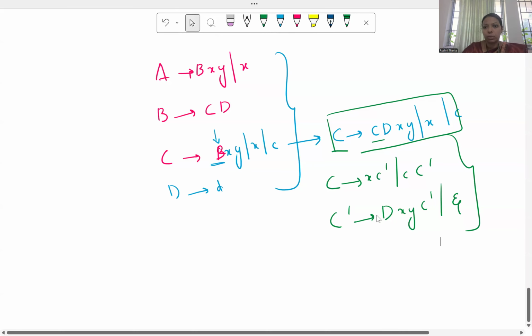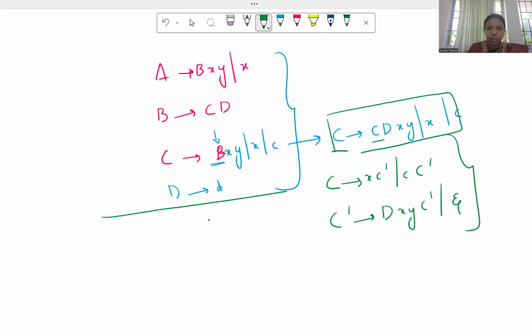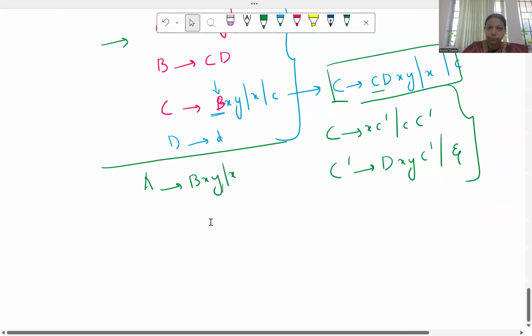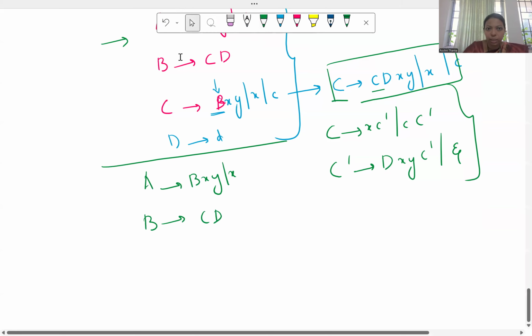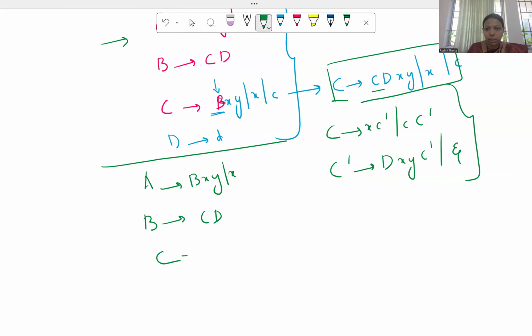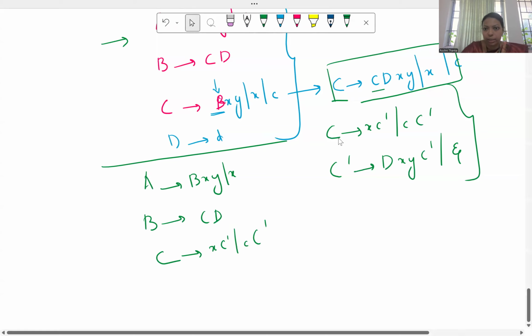So what are the new productions now? A tends to BXYX, which is written as such, no problem here. Now B tends to CD, which is written as such. No problem, no left recursion, and no substitution can be done because we don't know what C or D is. And now C is replaced with C tends to XC dash, cC dash.